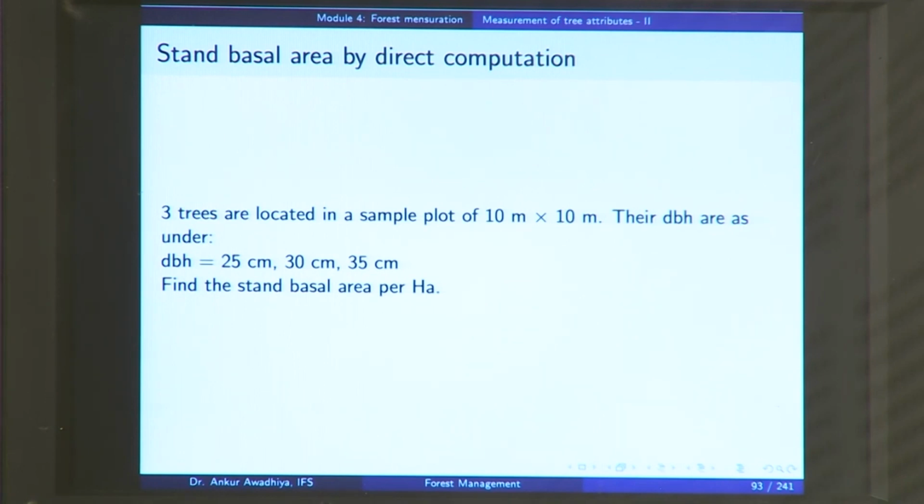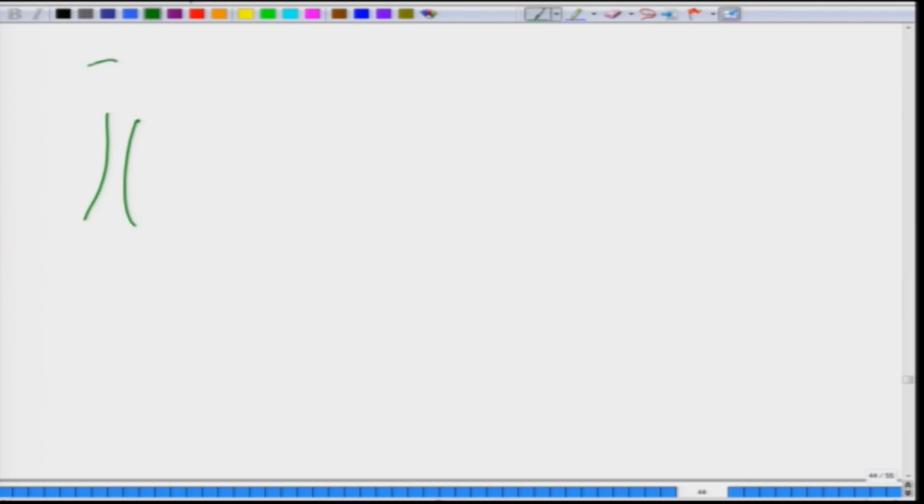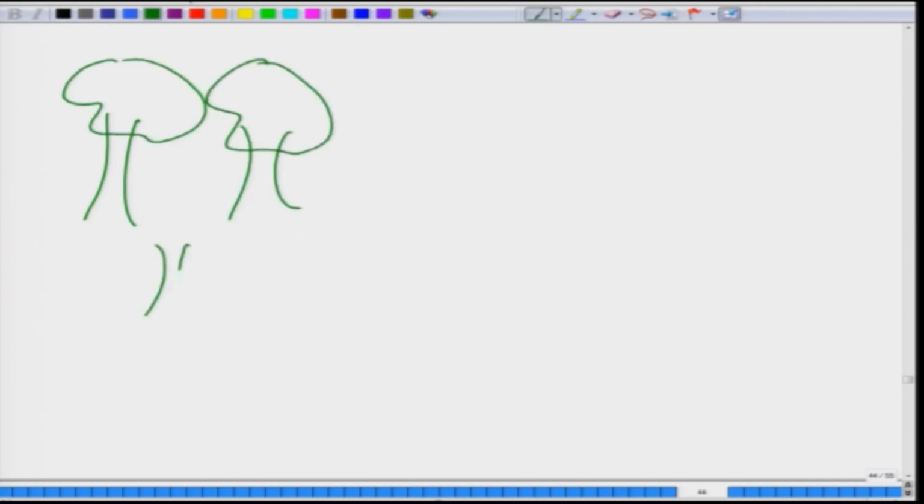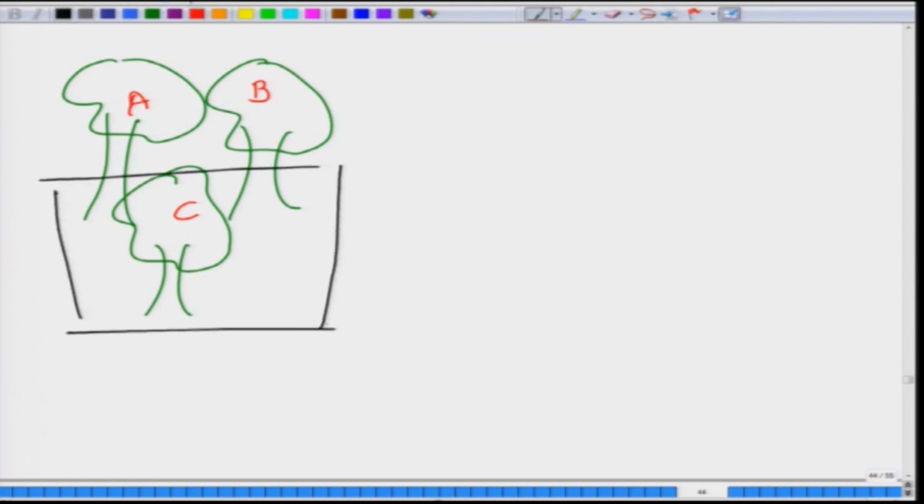So, what this question says is that you have 3 trees in your stand. Let us call these 3 trees A, B and C, and the sample plot is 10 meters by 10 meters.